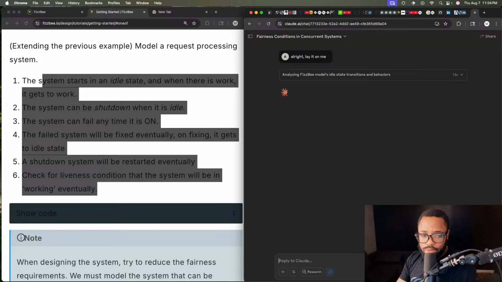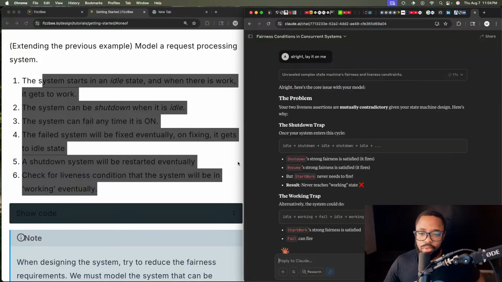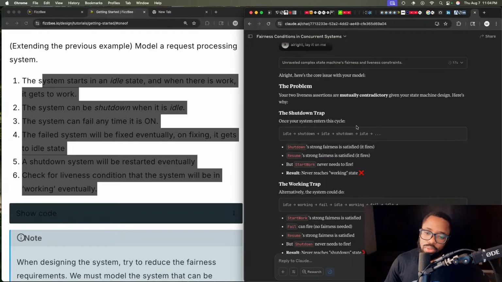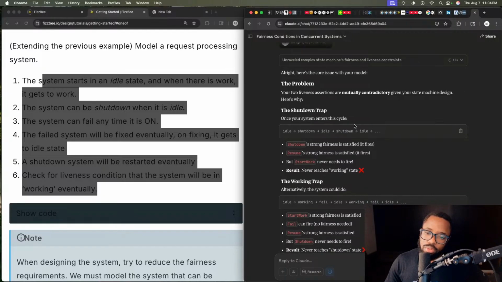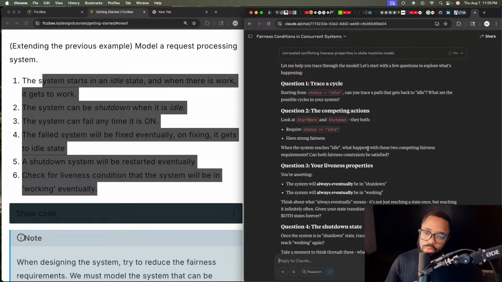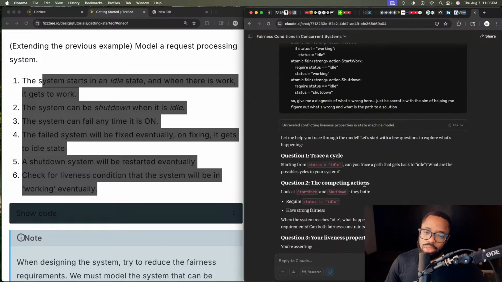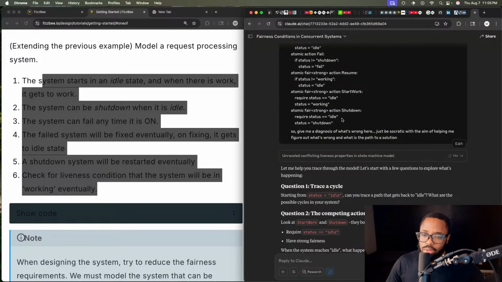Yeah, the fairness and I guess the non-determinism is kicking my ass. A shutdown trap. Once your system enters shutdown, yeah, I mean, that's what we just went through and explained to ourselves. You can just go. But again, that's the part where I don't understand. Why is it not forced to go into to pick start work?